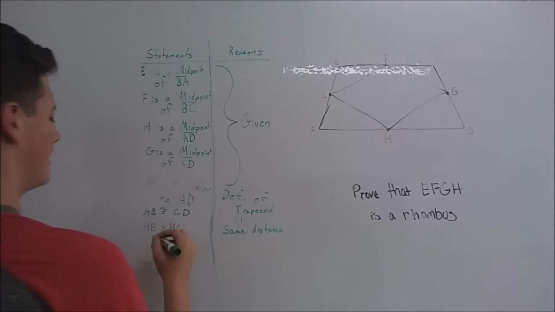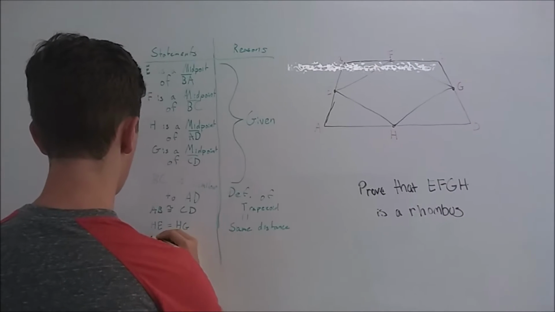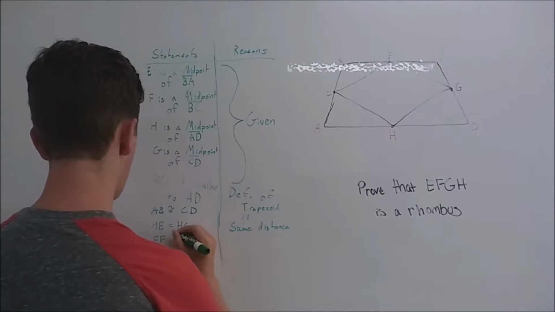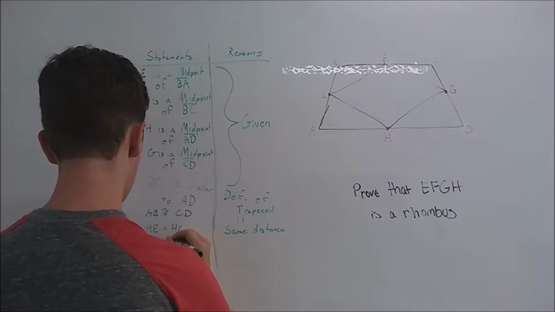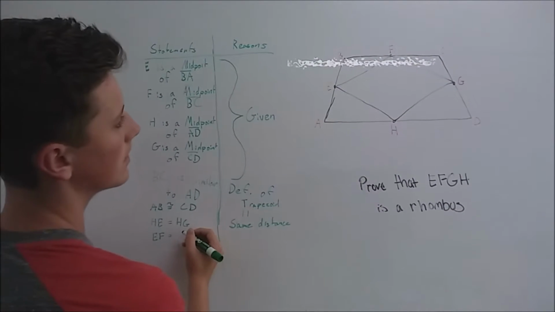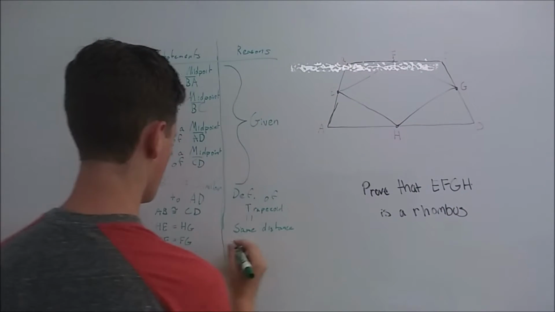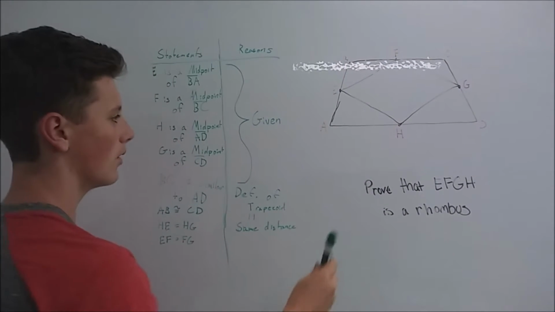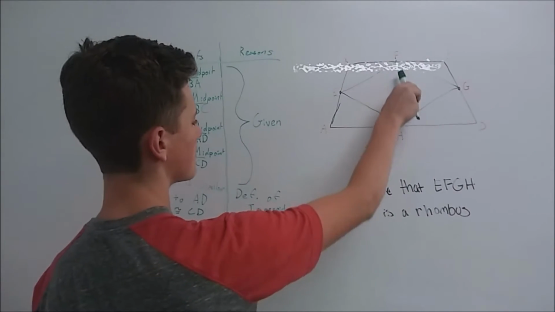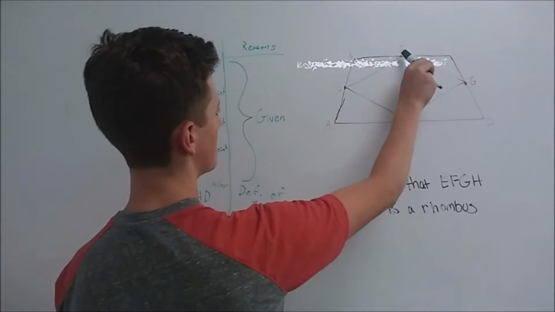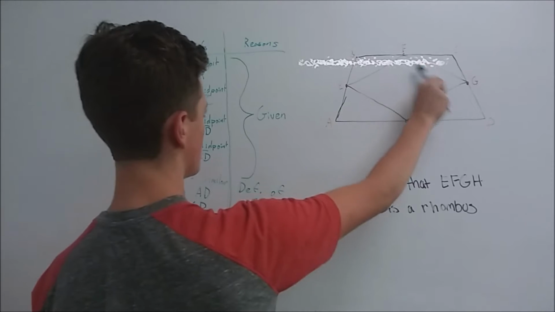And then EF is equal to FG. And it's the same thing, only because H and F are, since these two lines are similar, the midpoints will be at the same spot, so it's equal distances.